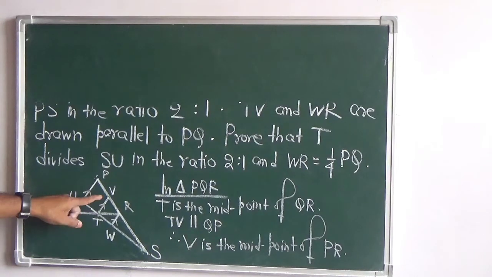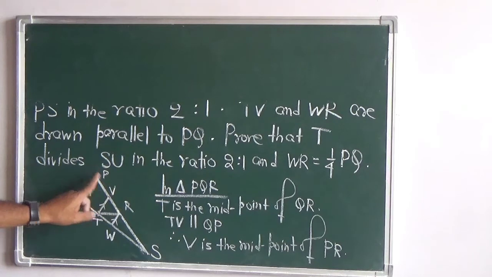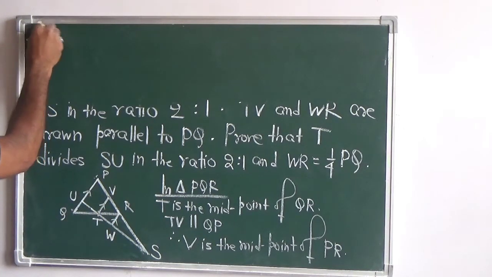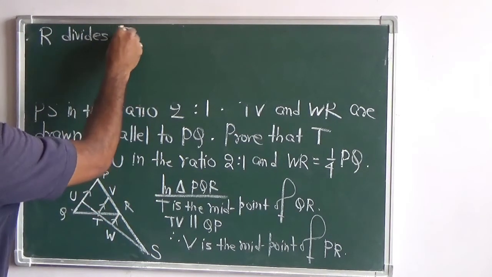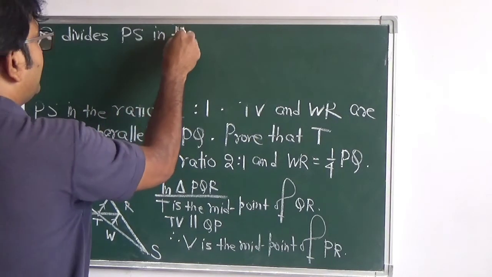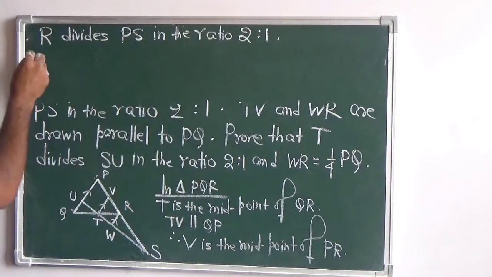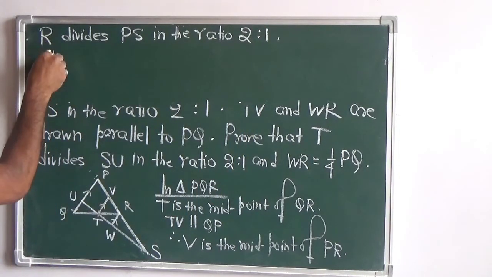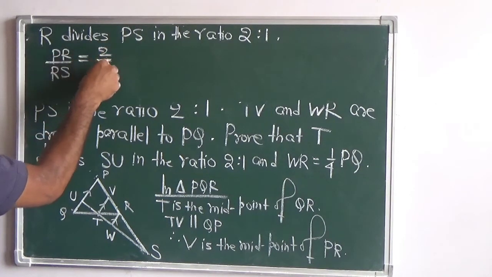Now since V is the midpoint of PR and also we are given that R divides PS in the ratio of 2:1, that means PR by RS is equal to 2/1.